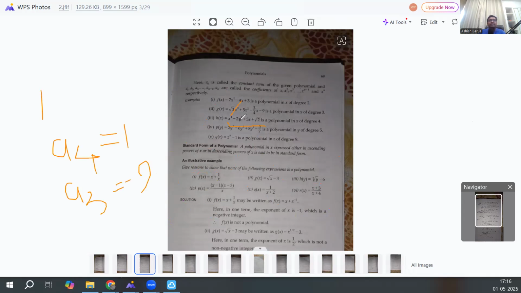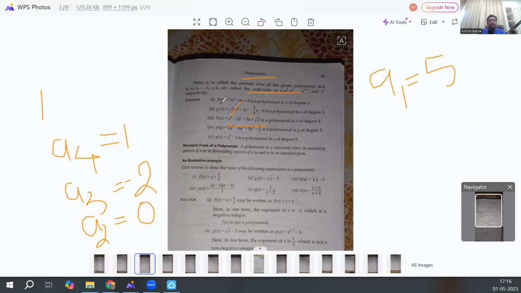Then x square is not available, meaning 0 into x square, so a2 is 0. Then f(x) has 5x, so the coefficient of x is 5. So it is a1, and the value of a1 is 5. And so on. So the coefficients are clear.